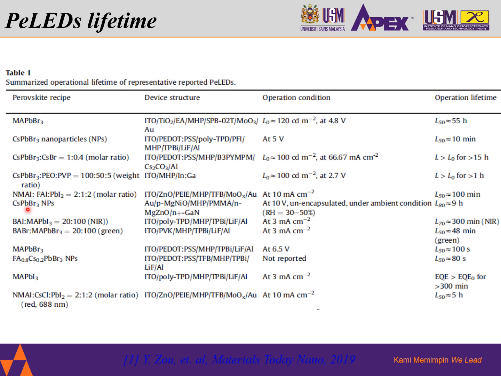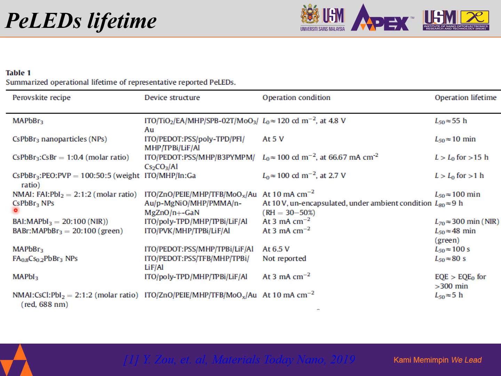For the recipe of NMEI, FAI, PbI2 with the molar ratio of 2, 1, and 2, the structure is ITO, zinc oxide, PEIE, MHP, TFB, and MoOx, and also Au. The operation condition is 10 milliamperes per square centimeter. The operation lifetime is only around 100 minutes.